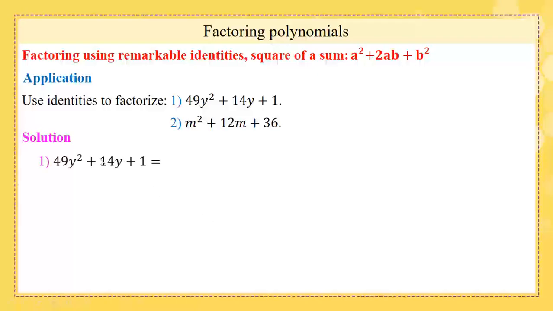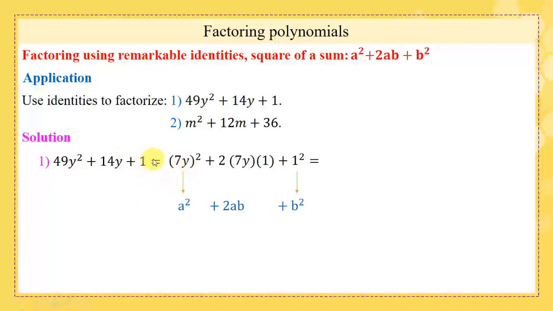Solution: 49y squared plus 14y plus 1. Clearly we have a trinomial. First of all, let us search for the two terms that are perfect squares. The first one is 49y squared, because 49 is a number that can be written as a perfect square, since 49 equals 7 squared. So we get that 49y squared equals (7y) squared.